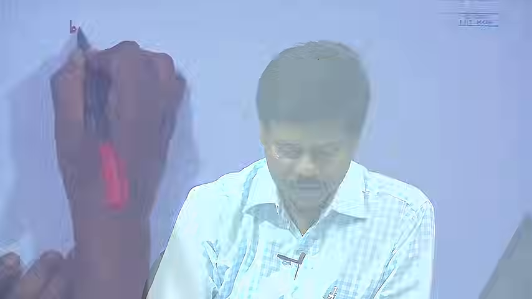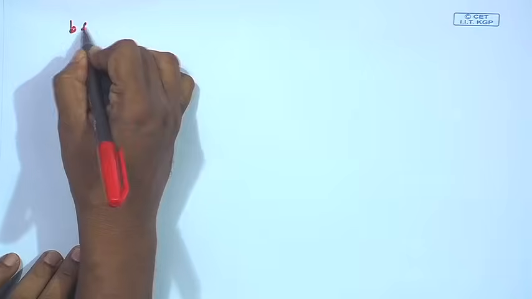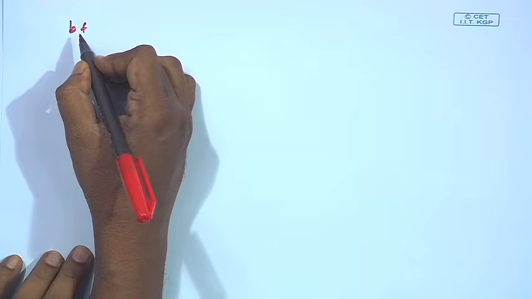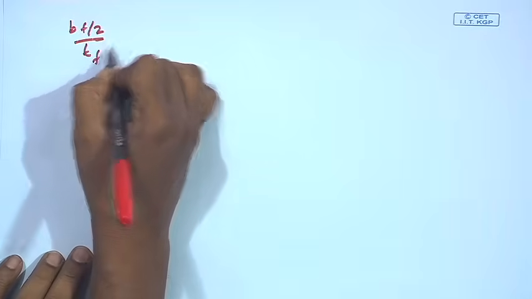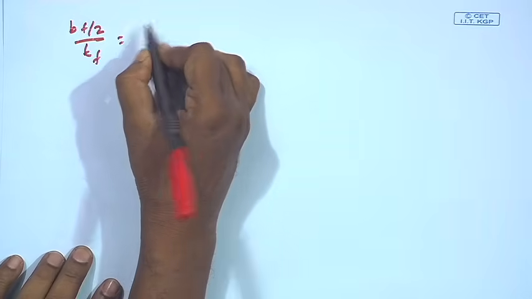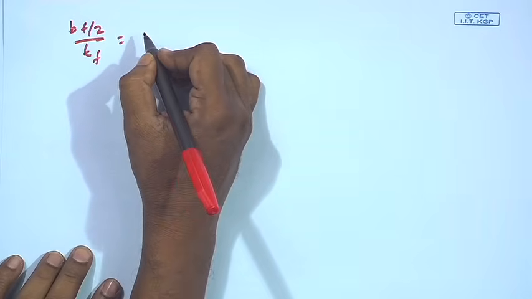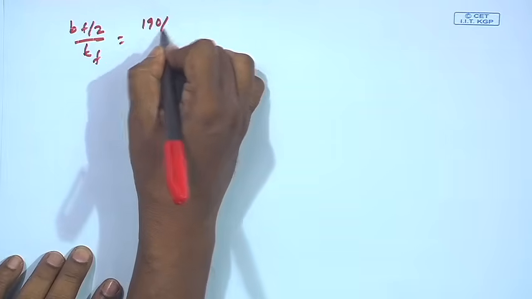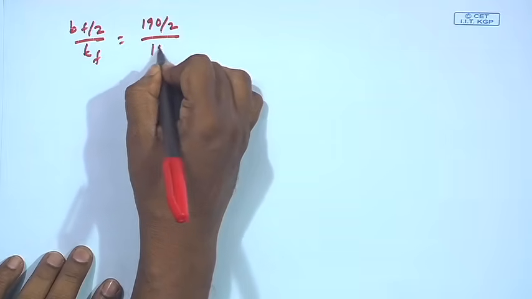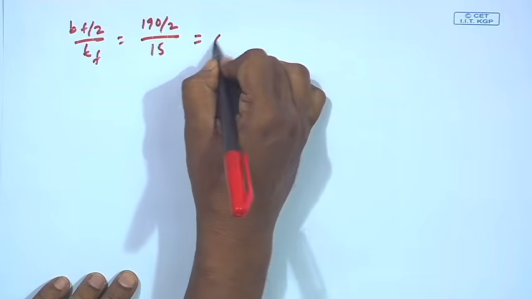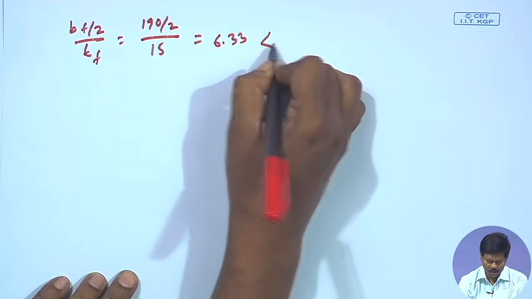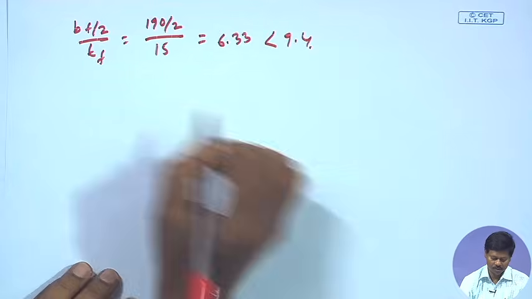So, now here we know bf by 2 by Tf is equal to, it will be bf we found as 190 by 2 by 15 is the thickness of flange. So, this is becoming 6.33 and this is less than 9.4.